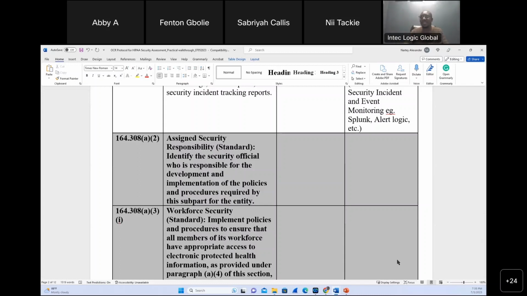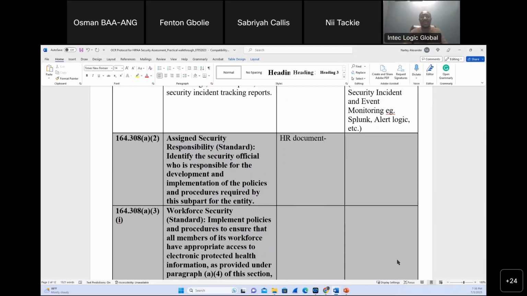Yes, Osman. I said by considering their HR policy, the type of positions that they have. Very good. So this can be found within the HR document as well.